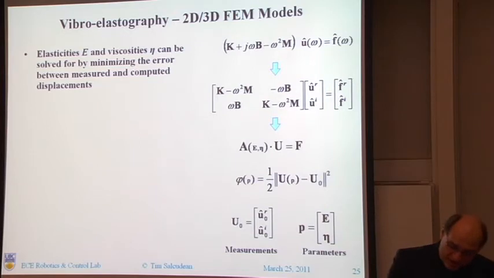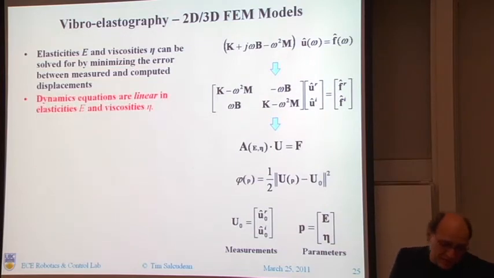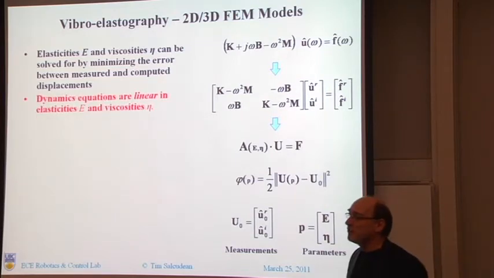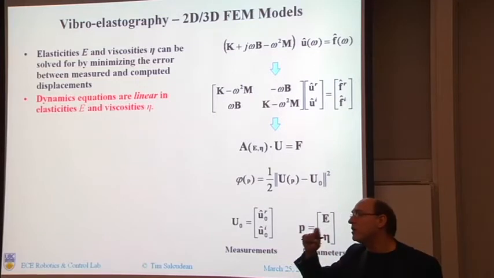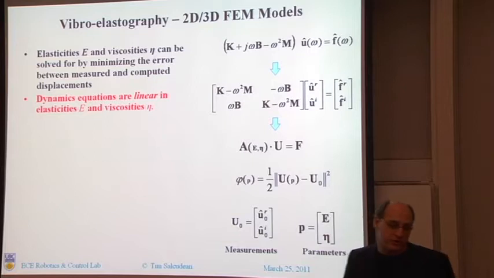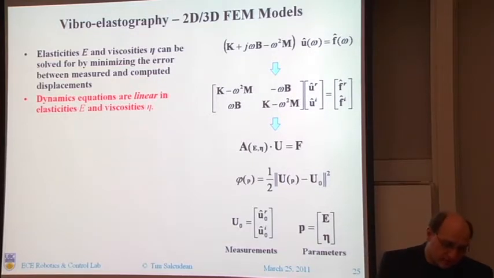You can see why I love elastography, because there's lots of stuff that you discover. Furthermore, if you write this in terms of the elasticity and viscosity of each of the elements in your discretization model, you can write these in terms of a linear equation in the vector of elasticities and vector of viscosities, which form your parameters.